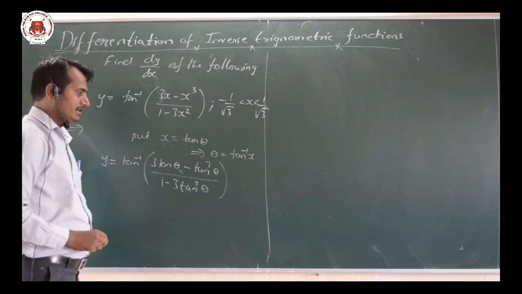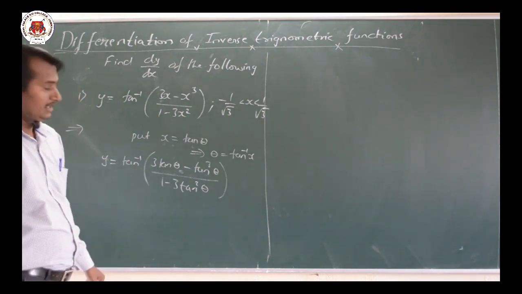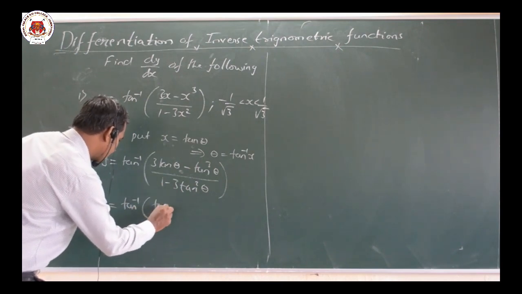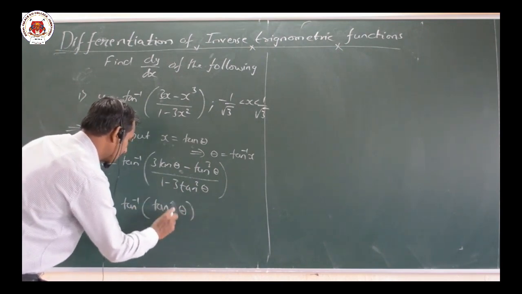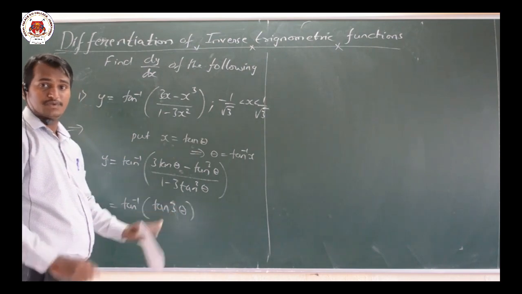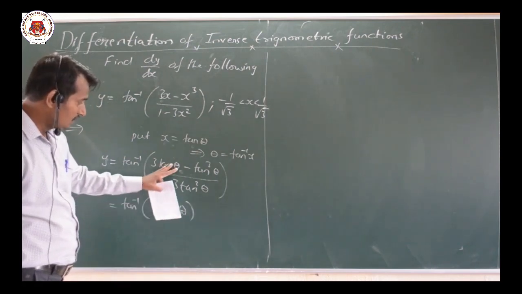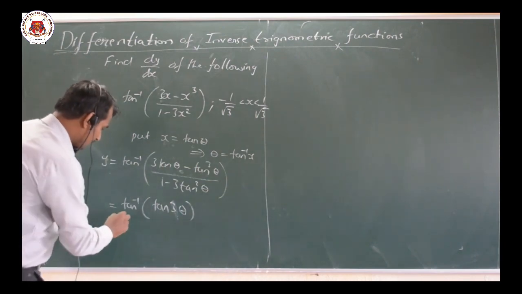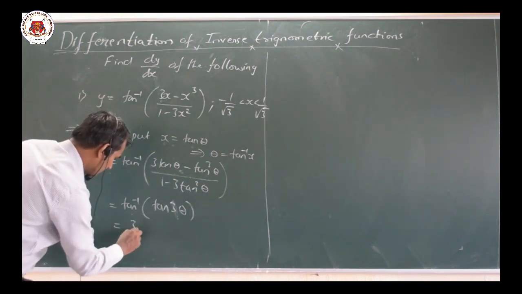Now this is nothing but a formula, the tan 3 theta formula, which you had learnt in your first PUC. So y is tan inverse of tan 3 theta. Now we can observe that tan inverse of tan is nothing but 3 theta.